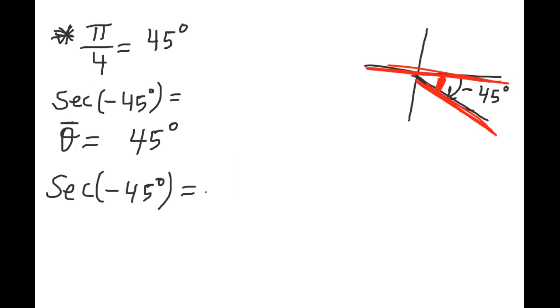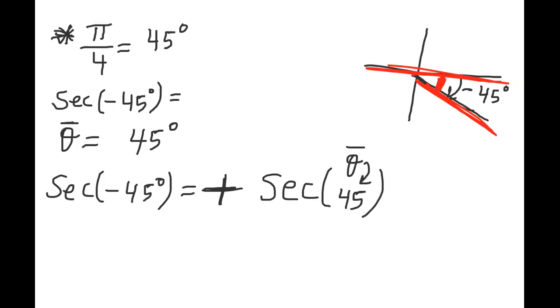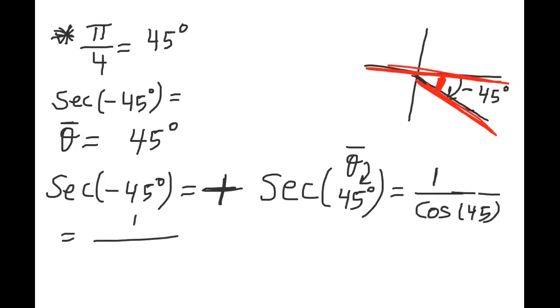Hold on, before that: the secant in the fourth quadrant is positive, and it is equal to the secant of the reference angle. What is the reference angle here? It's 45, positive. Going back to the table, this is 1 over cosine 45, which is 1 over 1 over square root of 2, and again, square root of 2.